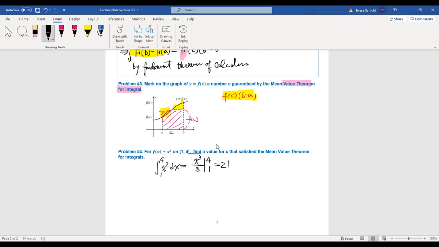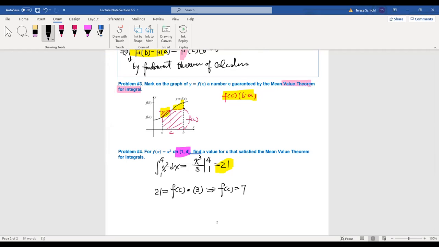So this is the total area under the curve. I know the 21 has to be equal to f of c times the length of the interval, which is 4 minus 1, so it's 3 here. So I know f of c has to be equal to 7. That means this height here has to be equal to 7.